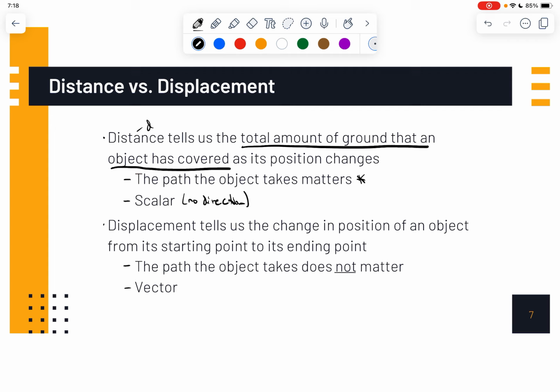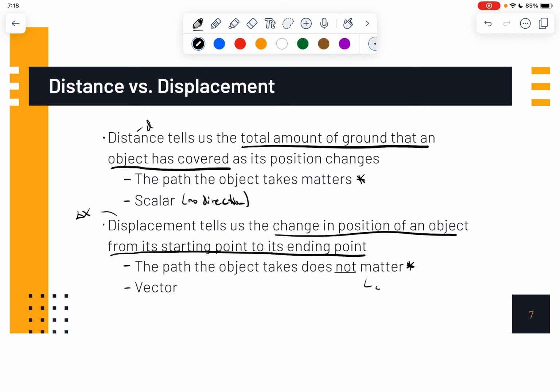Displacement, though, tells us our change in position from our starting point to our ending point. Again, we use this delta x to represent displacement. With displacement, we said that the path our object takes does not matter.